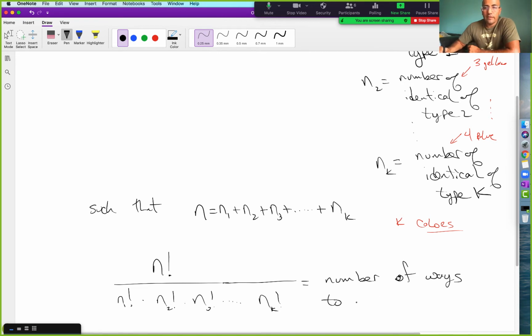to completely rearrange all n markers when some of them are identical.